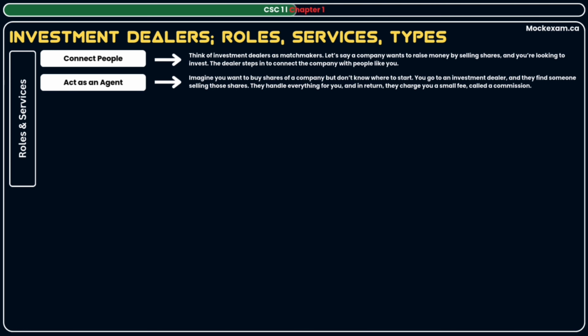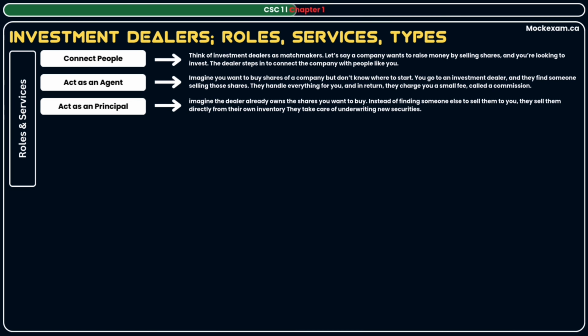Role or service number three, acting as principals or traders. Now, imagine the dealer already owns the shares you want to buy. Instead of finding someone else to sell them to you, they sell them directly from their own inventory. The price they sell it for might be slightly higher than what they bought it for, and that difference is their profit.